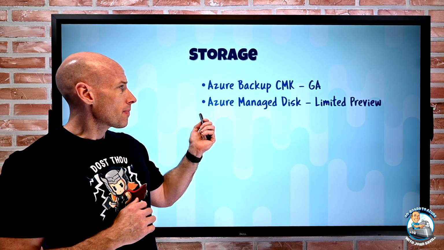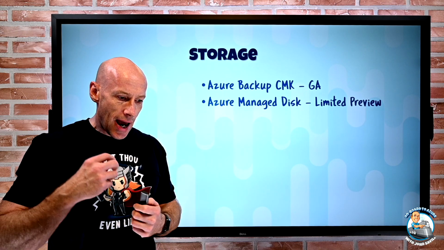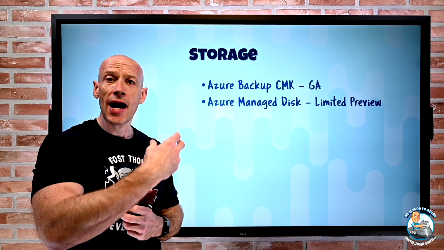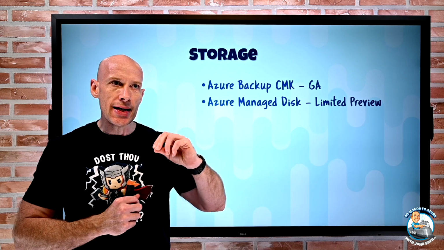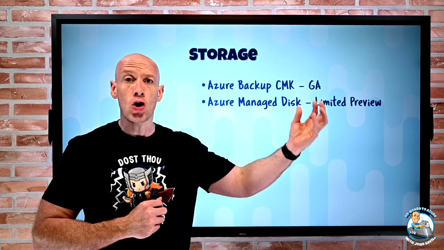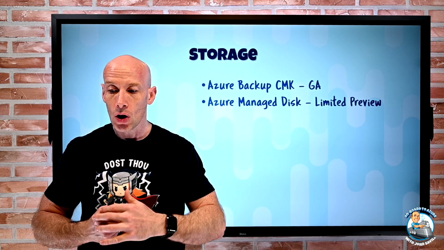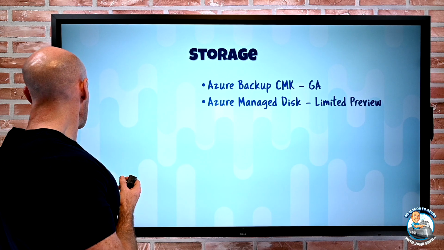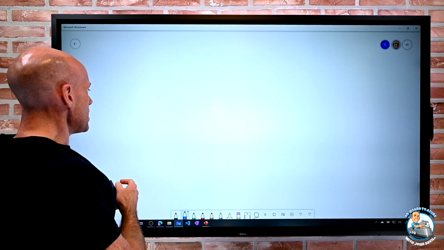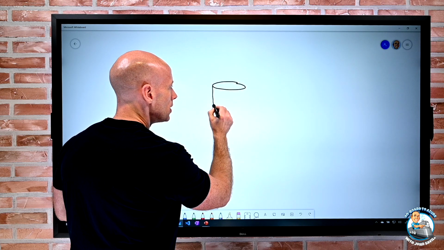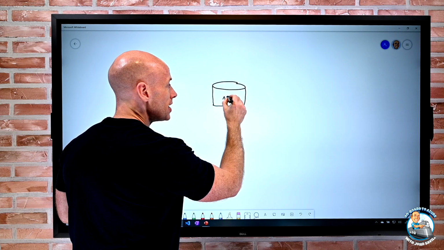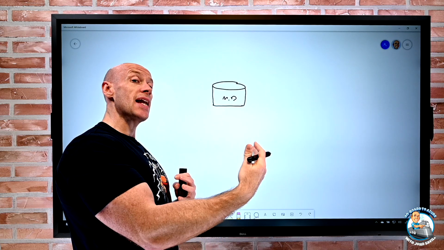Also now, Azure Managed Disks has integration with Azure Backup. Now the way this is working is it's not taking backups of the managed disk and copying it to a Key Vault. What essentially is happening here is I have my managed disk, and what we're really doing is taking a snapshot.